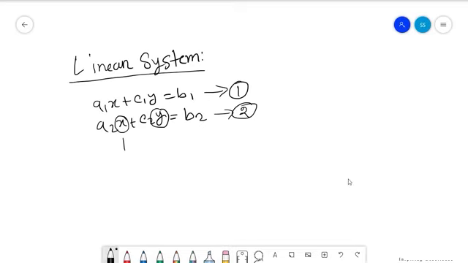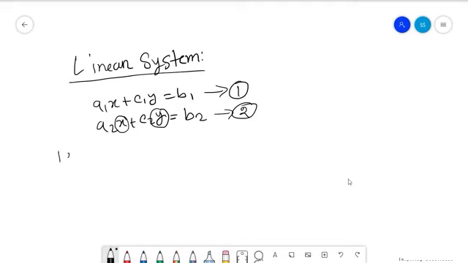Now our goal is to find out what x and y are, and you can easily do it for this system by using equation 1 and 2 and appropriate substitution, but we won't be focusing on that approach. Rather, we will focus on the approach with matrices.